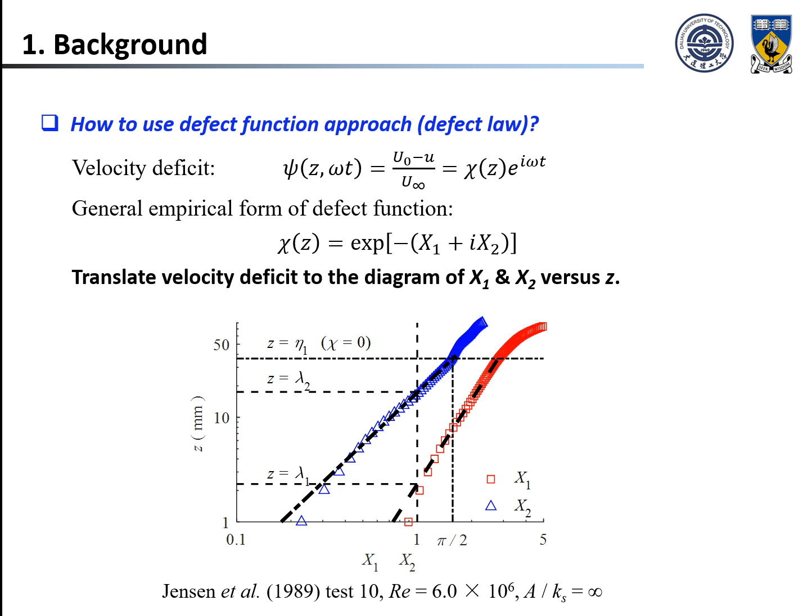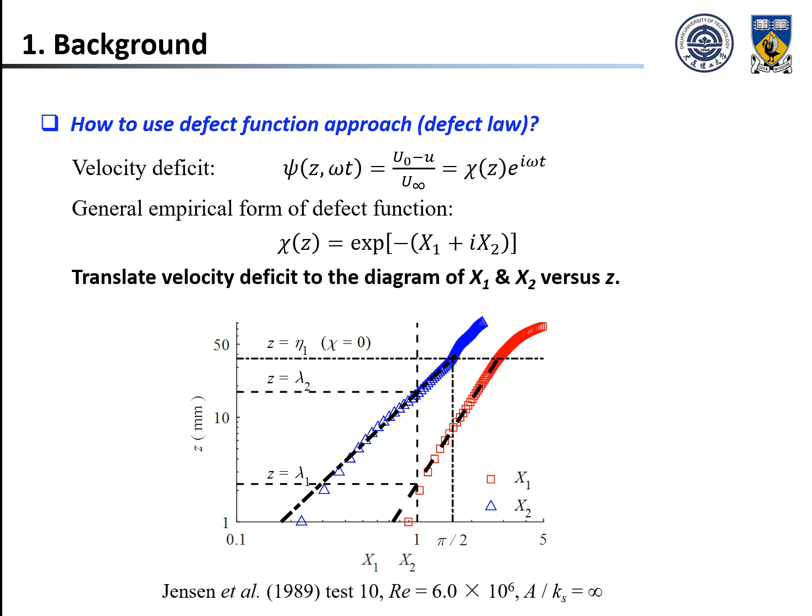Before we make further investigations, we would like to give a brief introduction on how to use defect function approach. Consider the temporal velocity deficit and a general form of defect function, which is written as a function of x1 and x2. Fit the measured velocity deficit with these two formulas, we can get the value of x1 and x2.